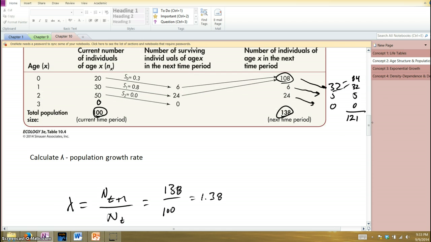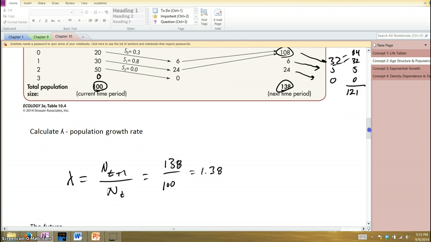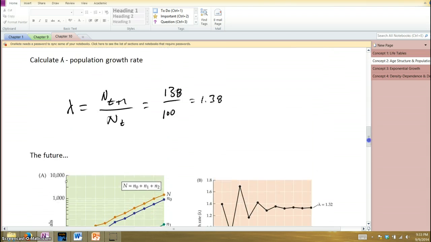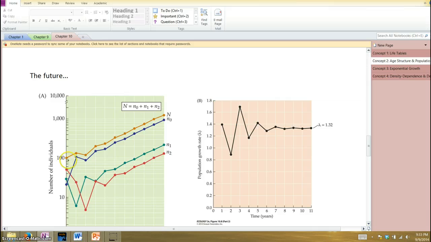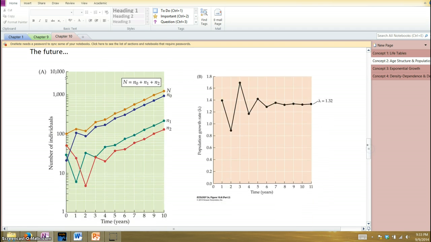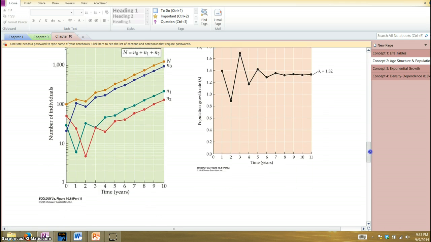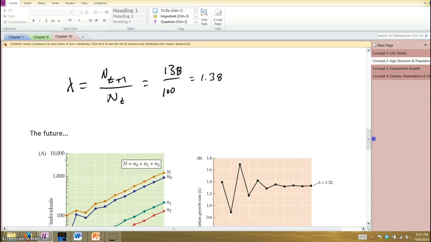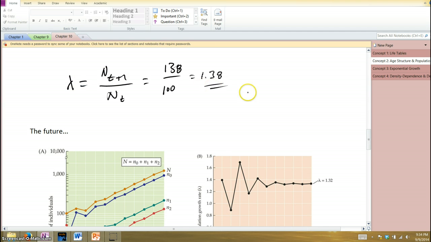You can see that in this next time frame, the population has shrunk. And indeed, when we look here, we can see that our population starts at 100, it goes to 138, drops down to 121, and in our first time period, we had our population growth rate of approximately 1.38.